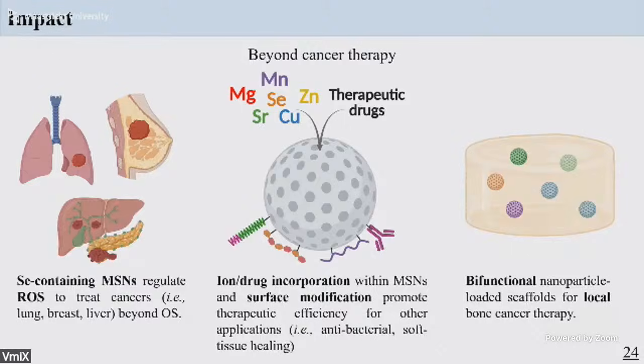This strategy also shows potential for applications beyond cancer treatment, such as antibacterial and soft tissue healing. And third, this work proposed a new concept of a bifunctional nanoparticle-loaded scaffold for local bone cancer treatment. This shows high potential to reduce the need for repeated clinical interventions.